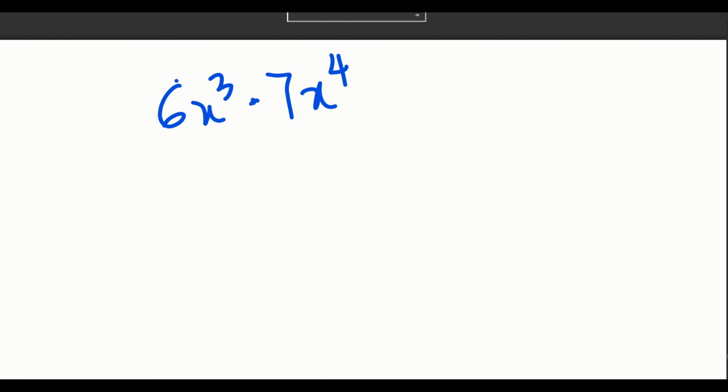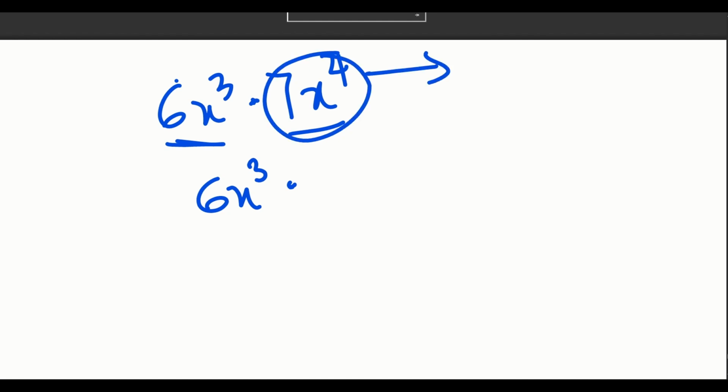Now according to the product rule, it says take the first one multiplied by the differential of the second. The first one is 6x cubed, so we take 6x cubed times the differential of the second. When we differentiate this alone, what do we get? Well, we'll get 4 times 7x cubed, which is 28x cubed.